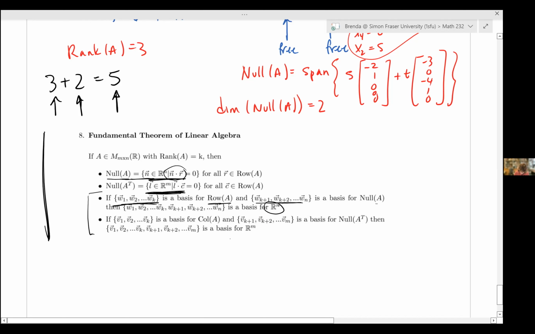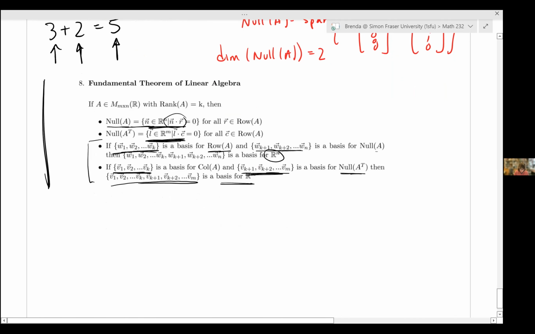And a similar thing happens for a basis for Rm. If there are k vectors being the basis for the column space, and then another m minus k vectors being a basis for the null space of A transpose, then all of those vectors together form a basis for Rm.